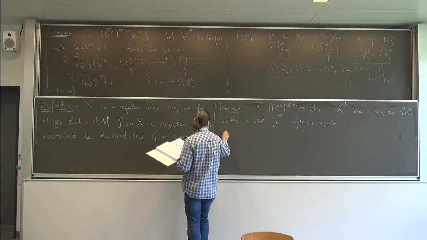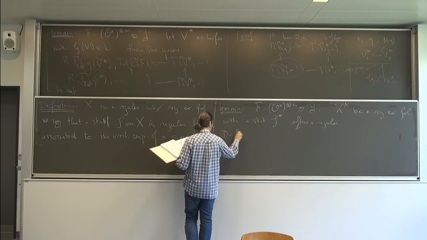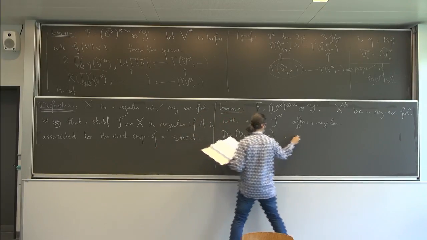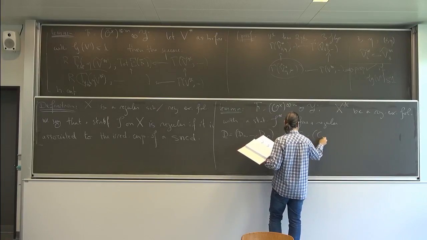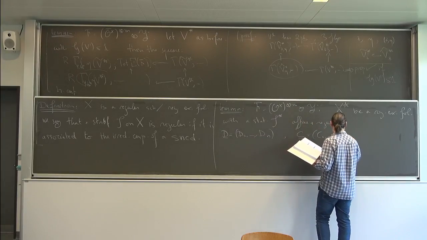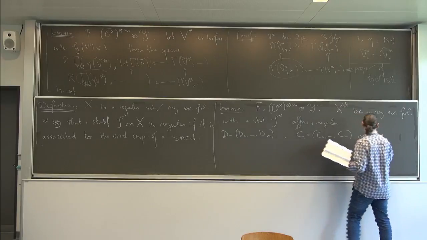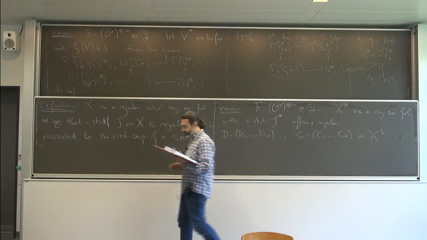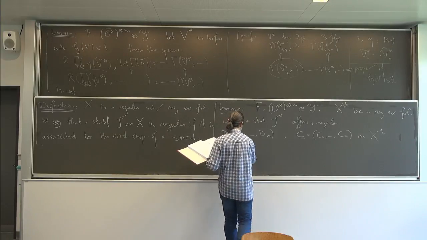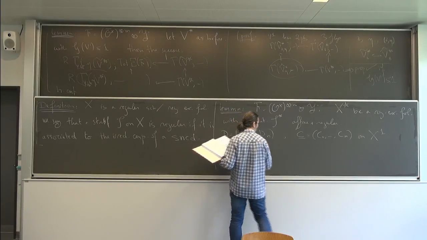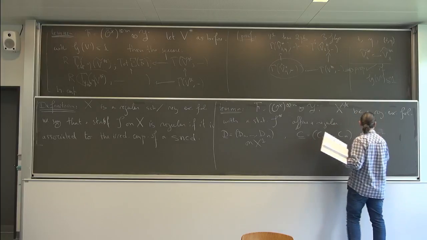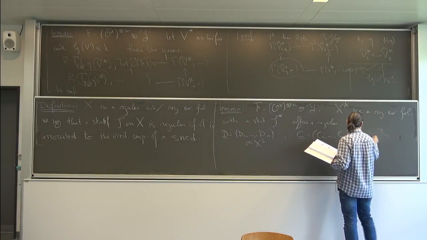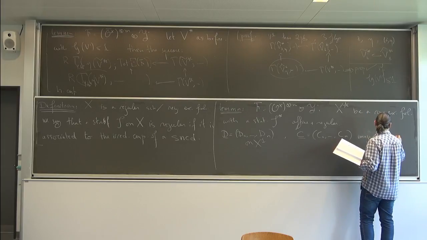Now we take two flags, one on X1, sorry, this is on X1, and this is on X0. So this is the image of D in X0.